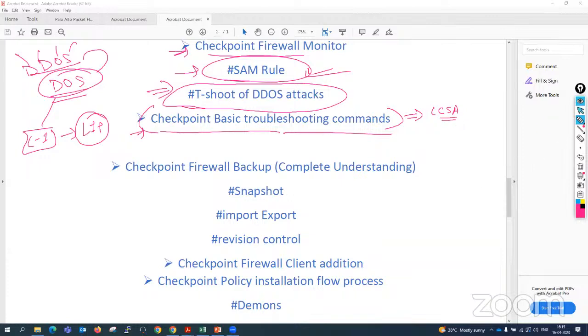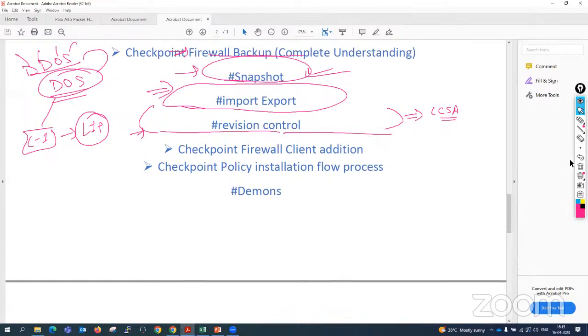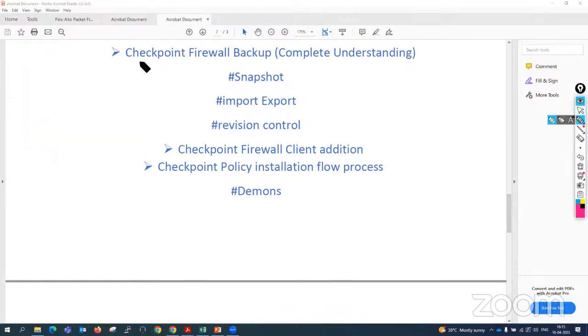Now, let me discuss some of the topics which are very important in terms of CCSA. The checkpoint firewall backup. There are certain backup techniques in the checkpoint, and all of these techniques make very much sense. For example, snapshot backup, import export backup, revision control backup.